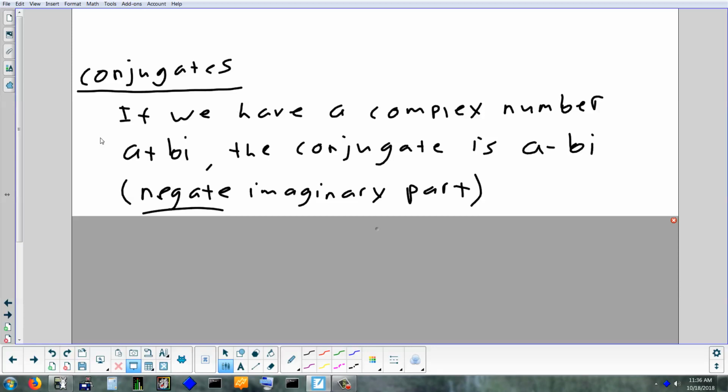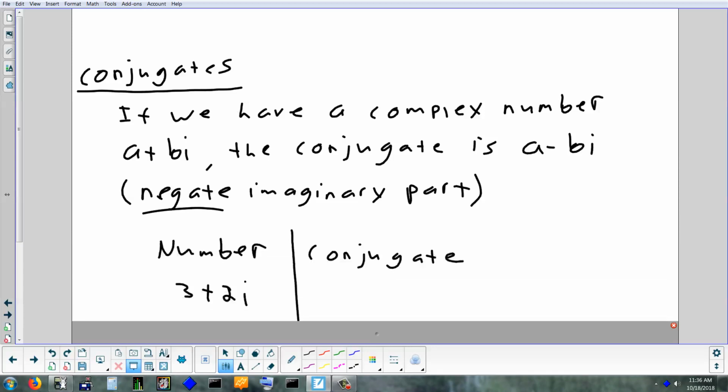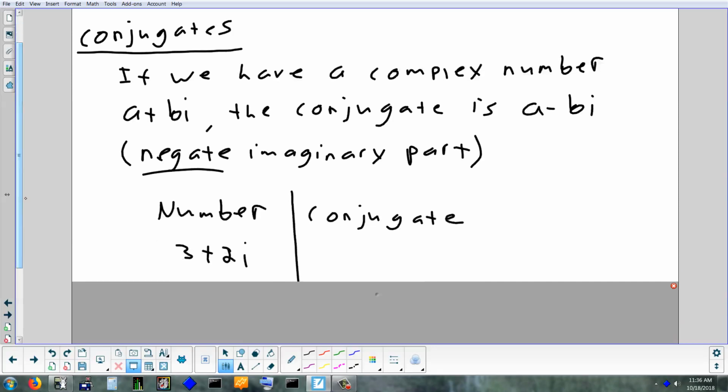Change the sign of. So if you had a plus bi, the conjugate is a minus bi. Just change the sign of the imaginary part. Don't do anything to the real part. Okay, let's just practice seeing if we can find some conjugates. So if you had 3 plus 2i, what would be the conjugate of that?